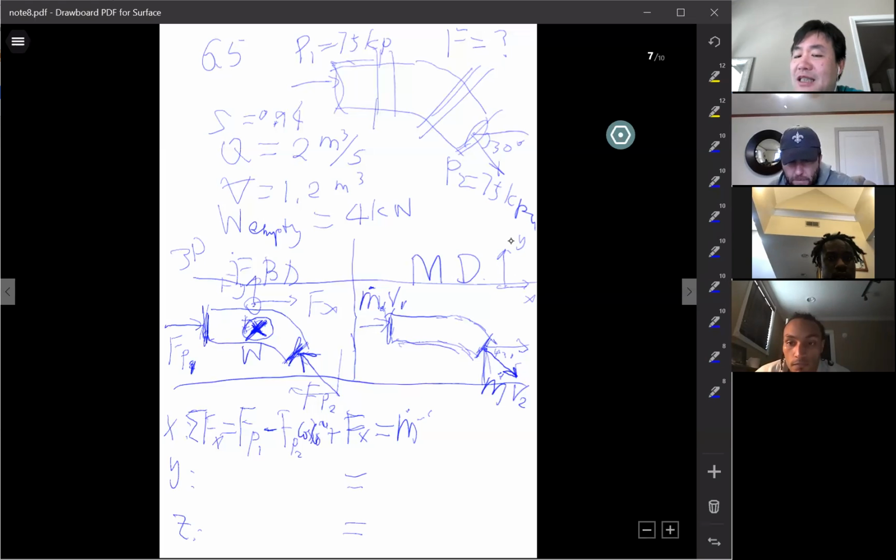How do you use the expression to represent the momentum in the x direction at the outlet? Yeah, go ahead. That would be m dot V2 cosine theta, 30 degrees the angle, minus momentum in at the x direction.